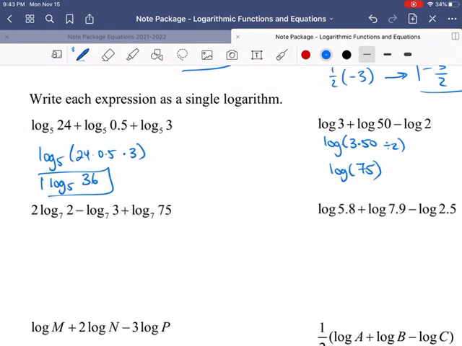All right, we have a coefficient out front, which means it can become the exponent. So we're going to get log 7 of 2 squared divided by 3 multiplied by 75, and that will simplify to 100.